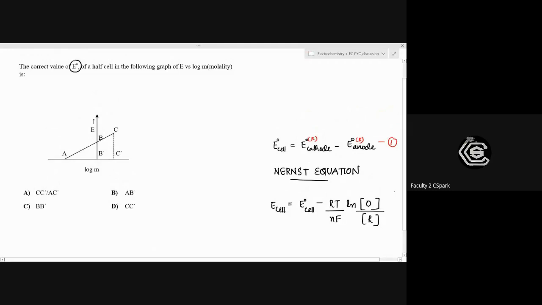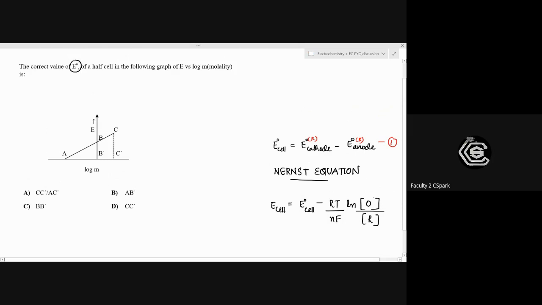Okay, so this is the equation where E cell is the potential of the cell at any condition. E naught of the cell is the standard electrode potential, and that's what they have asked for. R is the universal gas constant. T is the temperature at which the potential is measured. N is the number of electrons participating in the reaction. And F is 1 Faraday, which is approximately 96,500 coulomb and accurately 96,485 coulombs.